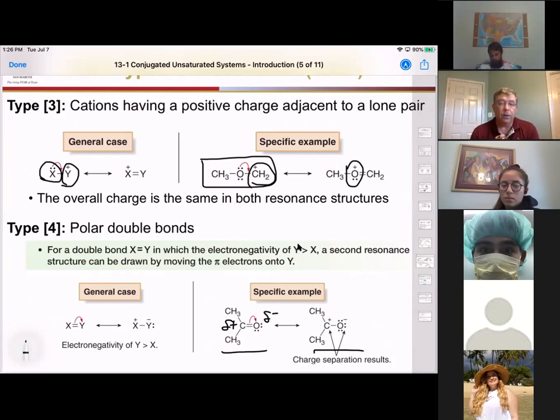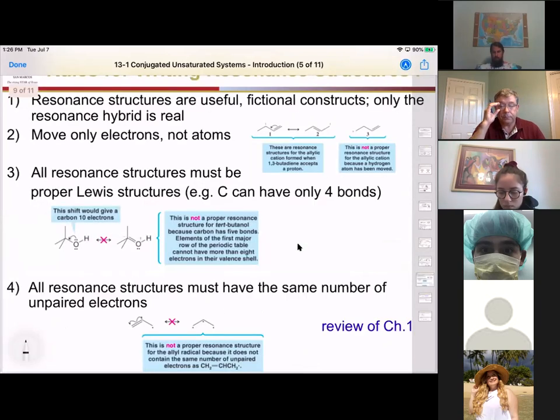So we can see this kind of resonance stability, resonance delocalization in all types of these double bond systems.